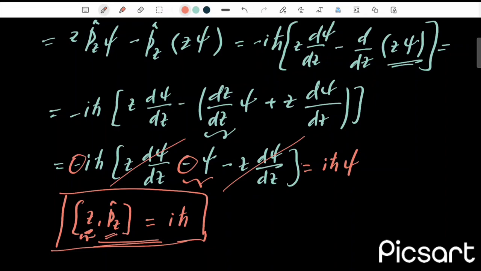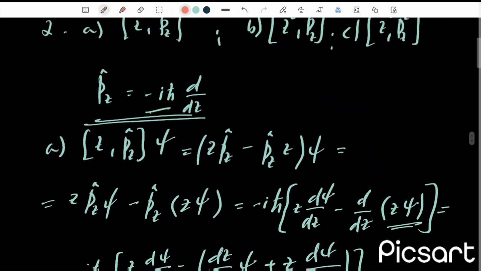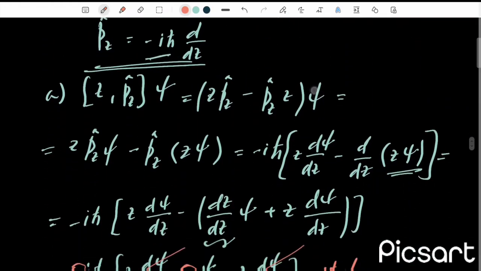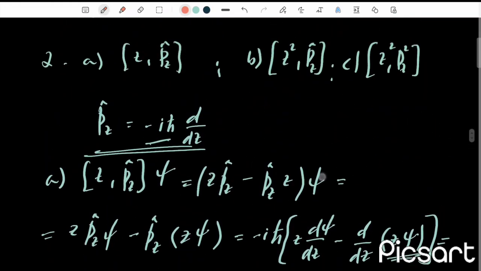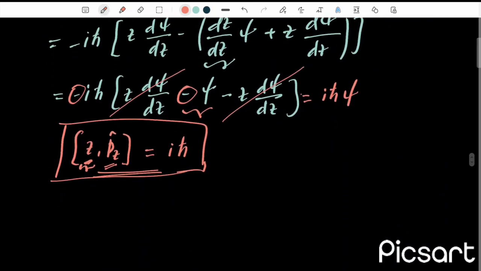Okay, we go on with solving line B, which is z square. We have B here, which is the commutator of z square and pz.